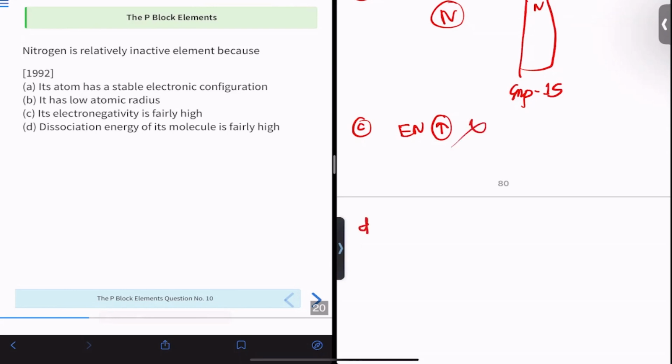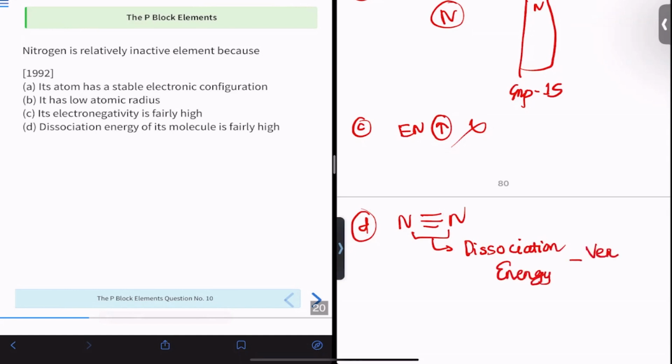So now you are left with option D, which says the dissociation energy of its molecule is very high. Is this the reason why nitrogen is inactive? Yes. What did I tell you in one of the previous questions? That nitrogen has a strong p pi p pi bond.